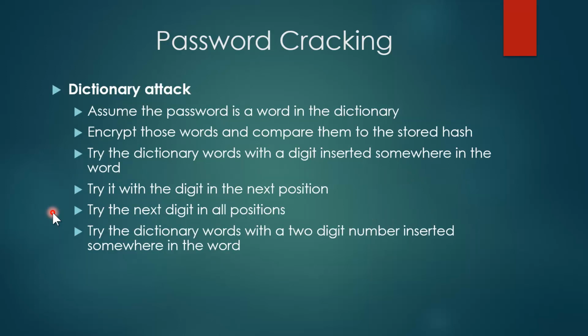Dictionary attacks, on the other hand, assume that the user's password is a word in the dictionary. So you just simply encrypt 100,000 words and compare them to the hash in the password file until you find a match. Now, most of these dictionary attacks will let you insert a digit, like the number 0 in front of the word, then the number 1 in front of the word, then 2, 3, 4, 5, 6, 7, 8, 9.